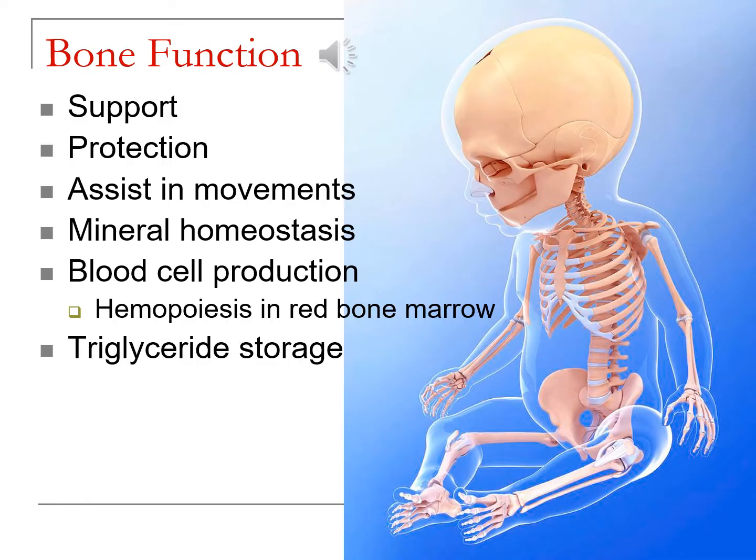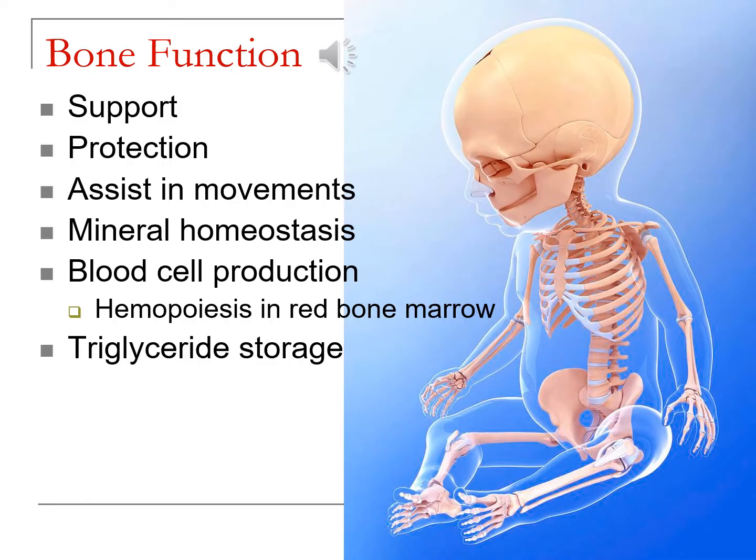The next function is mineral homeostasis. So what do we mean by homeostasis? We maintain the balance that is needed for our body to survive. Bone tissue stores several minerals, including calcium and phosphorus, which contribute to the strength of the bone.